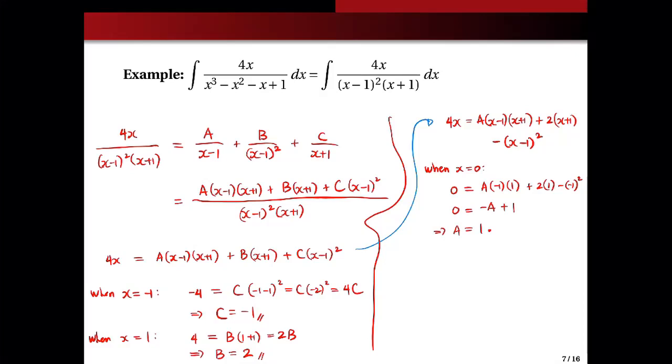So now we have values for a, b, and c. And this is our expression here. We'll just have to substitute these values into this expression, and then we do the integral. Okay? So from here, you remember this, okay? And then the values are 1, 2, and negative 1.